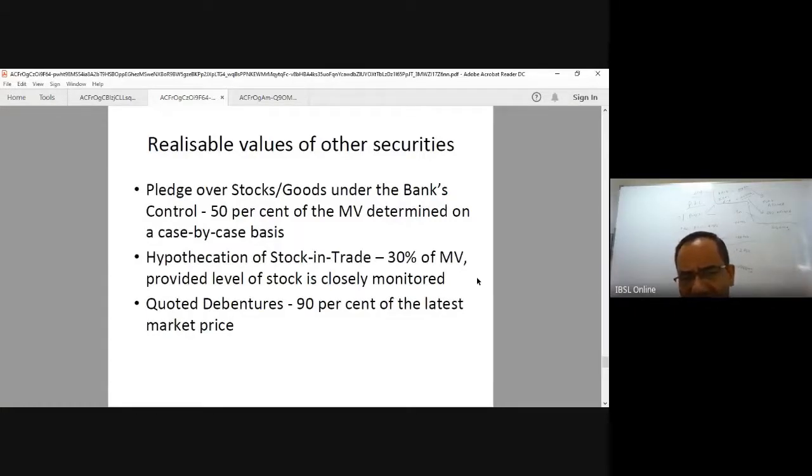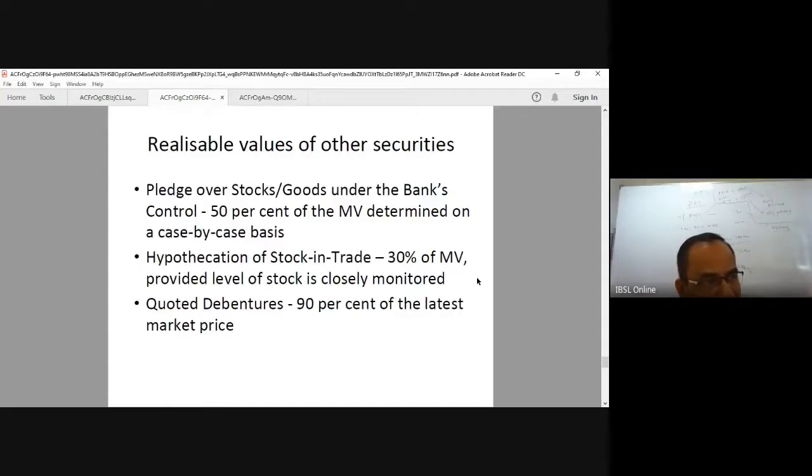So if you have the pledge over stocks and goods under bank control, this is something which never happens now. In previous days, the stocks had to be kept in a warehouse. The warehouse has to be under the joint control of the bank and the customer. Bank will have a key, customer will have a key. If the customer wants to take part of the stocks to sell, the bank officer will go, the customer's representative will come, they will open, they will take it.